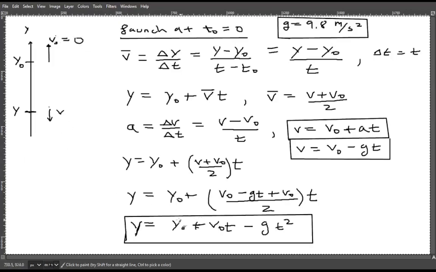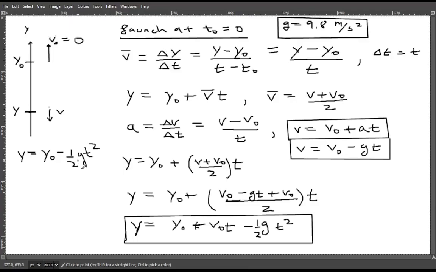So if the initial velocity is 0, our equation describing the y position at any given time t after we drop the cannonball is going to be y is equal to whatever the starting height is. This term is 0, v0 is equal to 0, so there's nothing there for that, so minus 1/2 gt squared. Okay, so here's our equation.